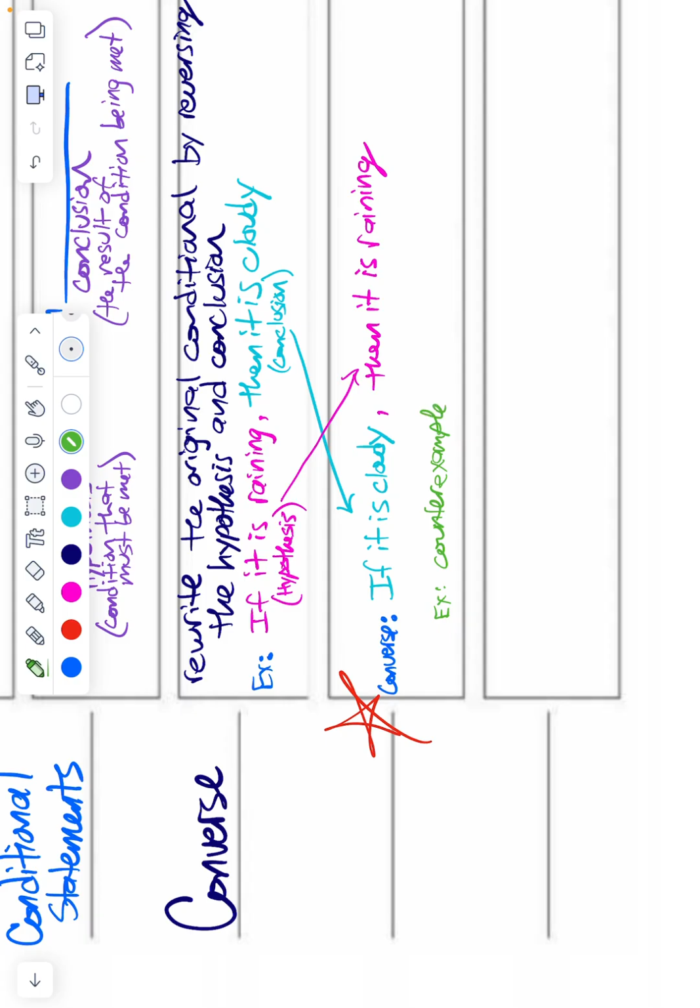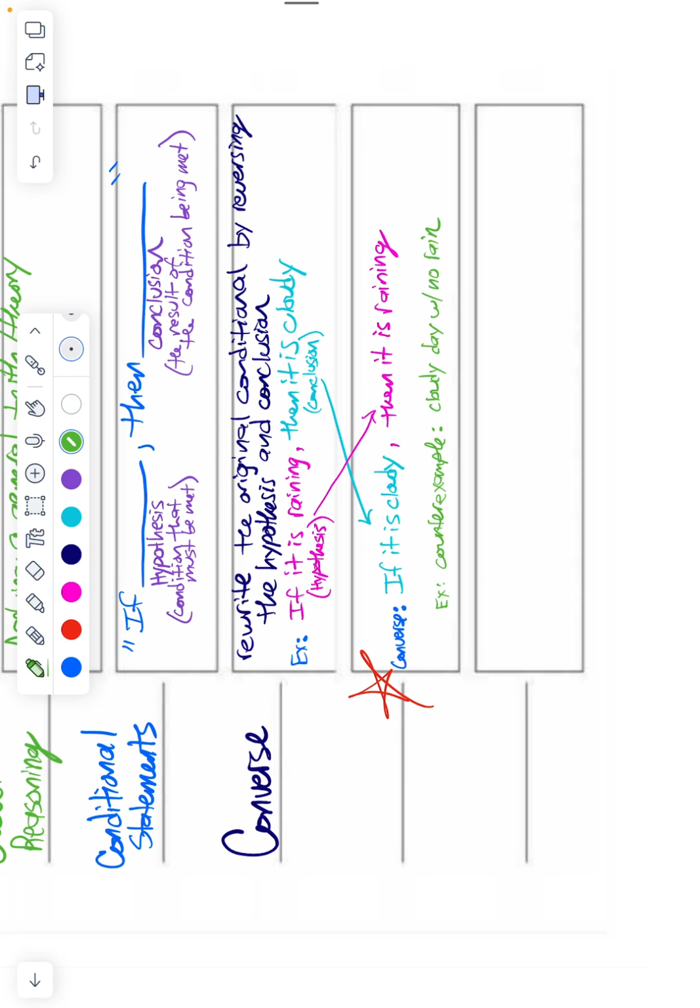We have this a lot here in Grand Junction. So what's a specific example that disproves that statement we just wrote? Yeah, just a cloudy day with no rain, right? Which happens fairly often here in Grand Junction.